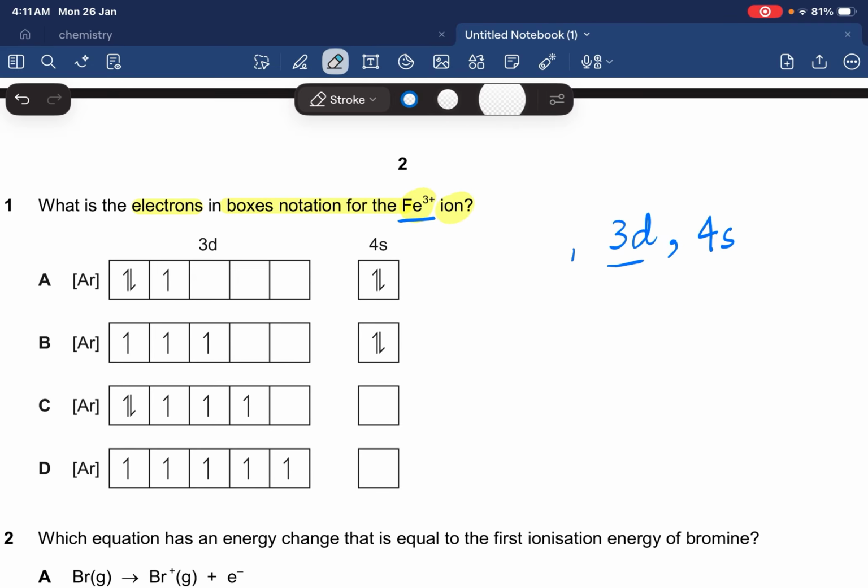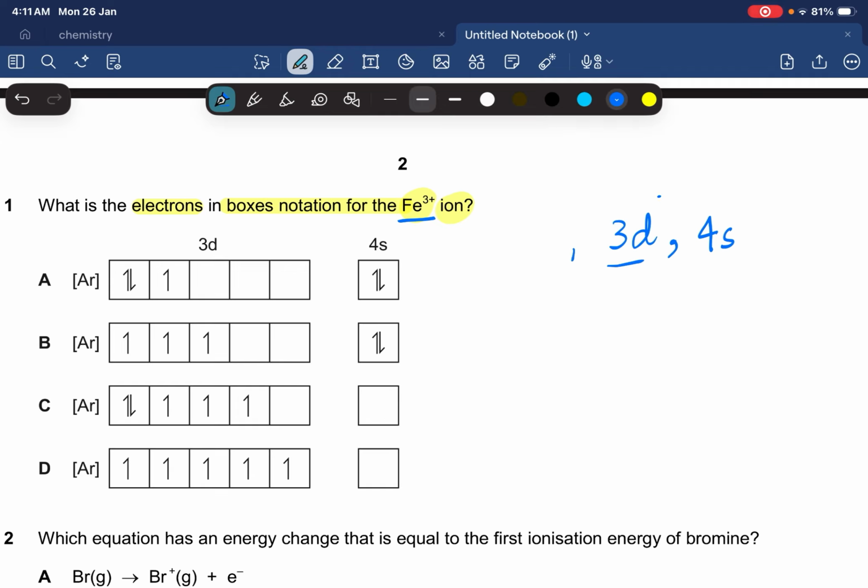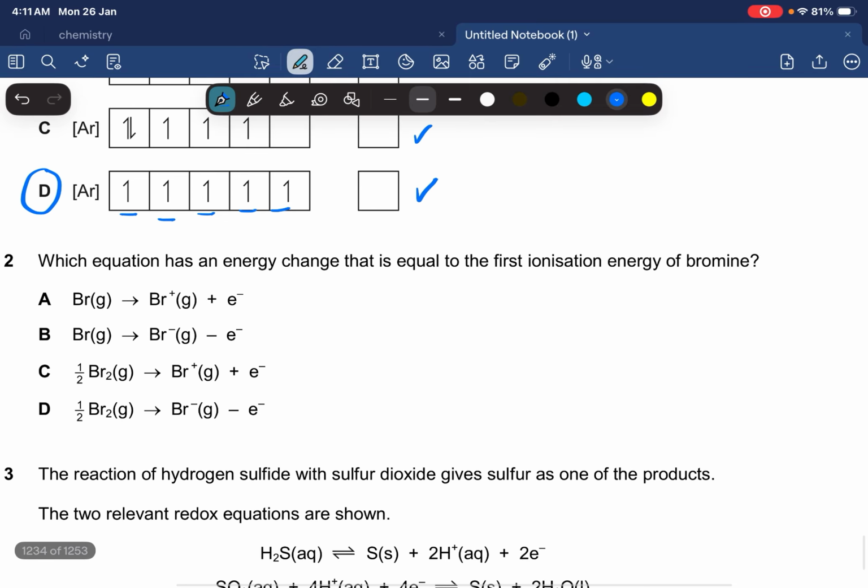So I have to remove 1 electron from 3d, so it's going to become 3d5, right? So if I check for the electronic configuration, it's 4s0 and 3d5. 4s0 means that there's no electron in the 4s. So this one and this one in 3d5, 1, 2, 3, 4, 5, which makes option D the correct answer. Okay.